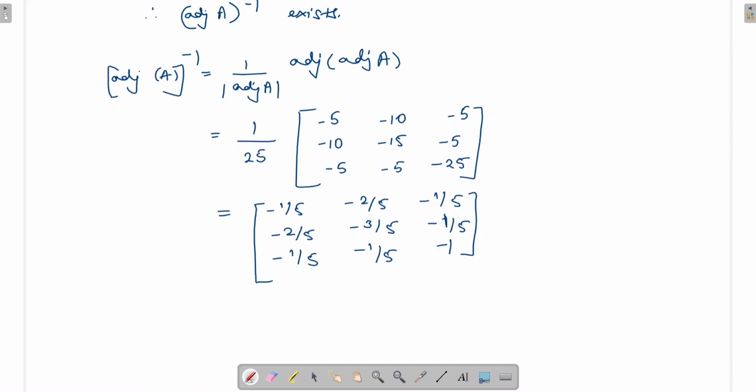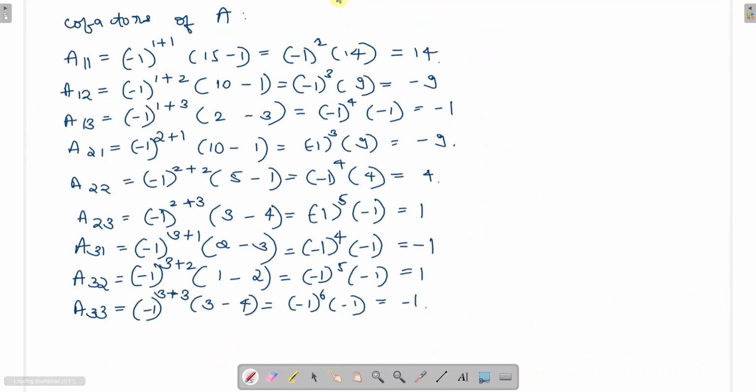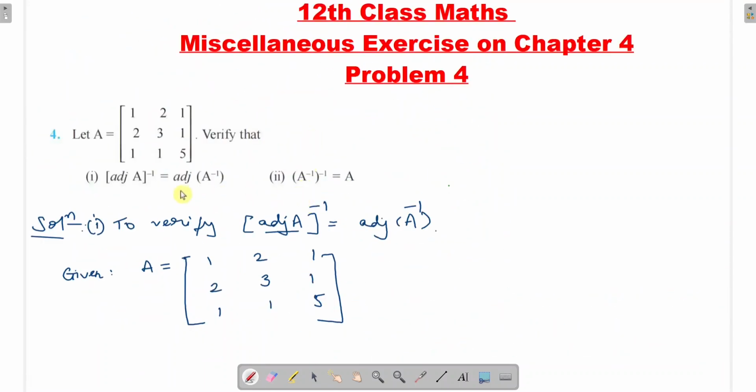Okay, so this is the adjoint of A, the whole inverse, right? Now what we have to find is the right hand side, that is the adjoint of A inverse.